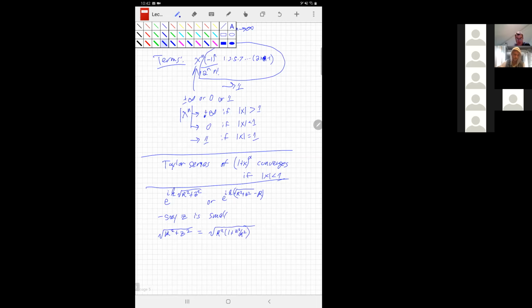I just factored out an r squared underneath that square root. And then this is also true always. Since I've got the square root of a product, I could take the square root of the part that's a perfect square. This part here is always true.